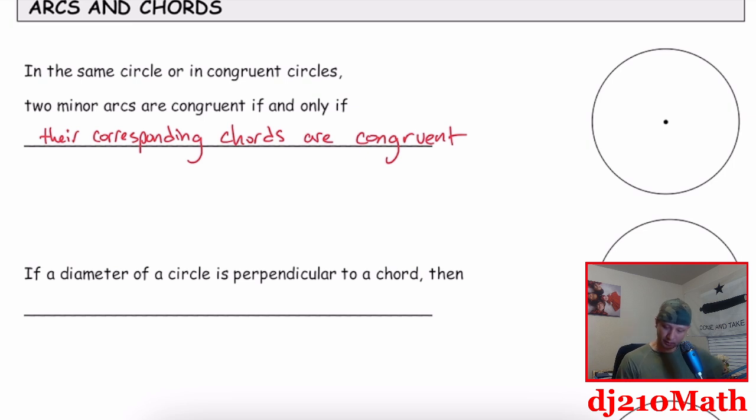So what this is saying is, say I have, again, I'm just making this up, some chord. This is the definition of a chord. And say you have a second chord.